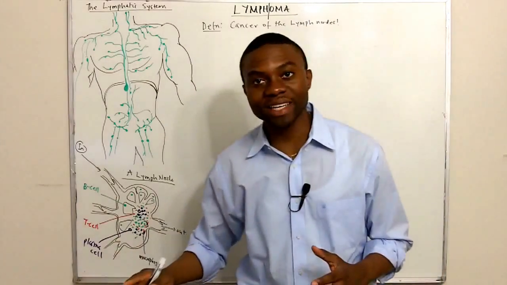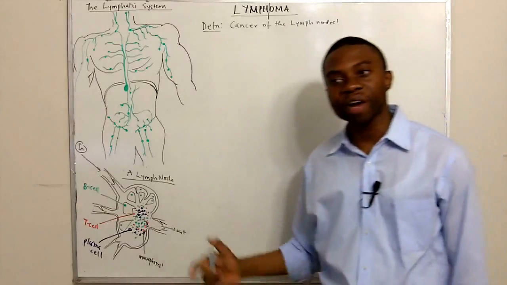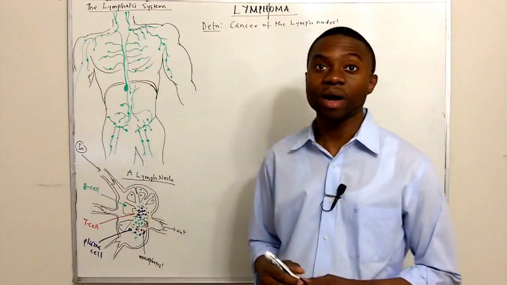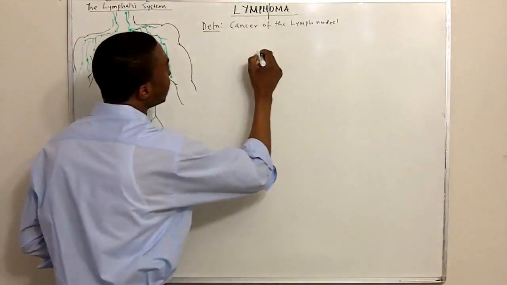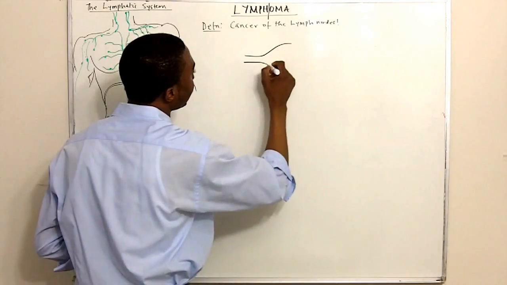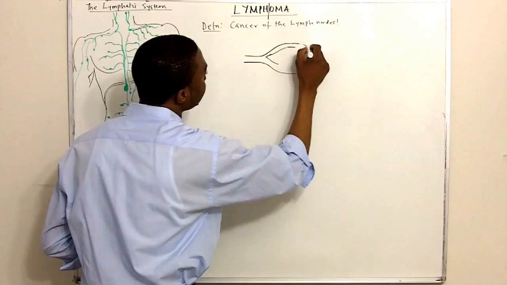The lymphatic system is what I've drawn on the right side of the body. They're very crucial in draining the interstitial component of the tissues. Remember, from basic physiology, we've got a capillary, right? That's what a capillary will look like.